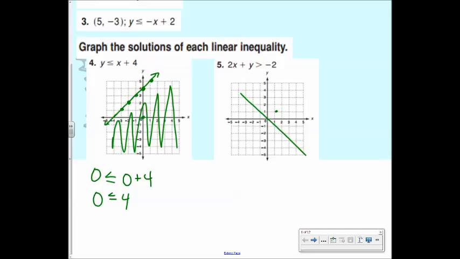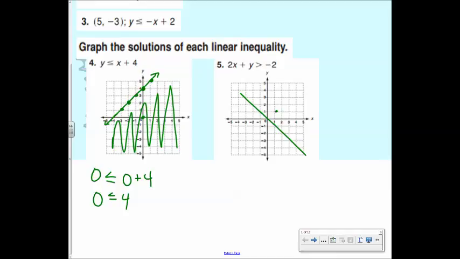All right, where do I start for the second one? Positive 2, and then I go, or I can go down to the left 1. All right, and that's a dotted line as well. Okay, and it's saying it's greater than that. So again, if I plug in 0, 0, 0 greater than, what's 2 times 0, plus 2?